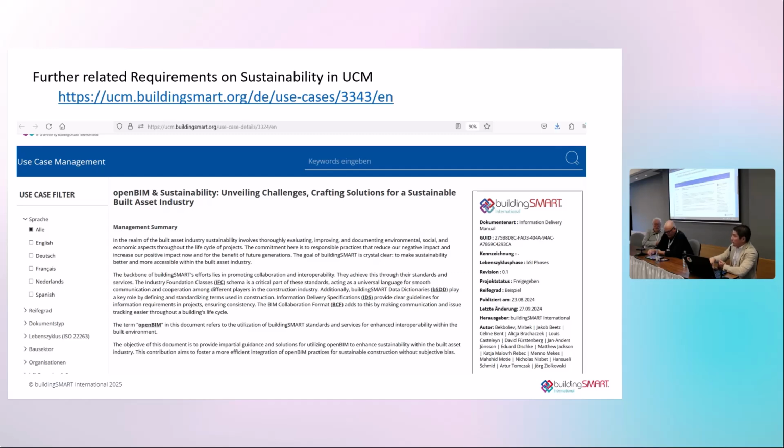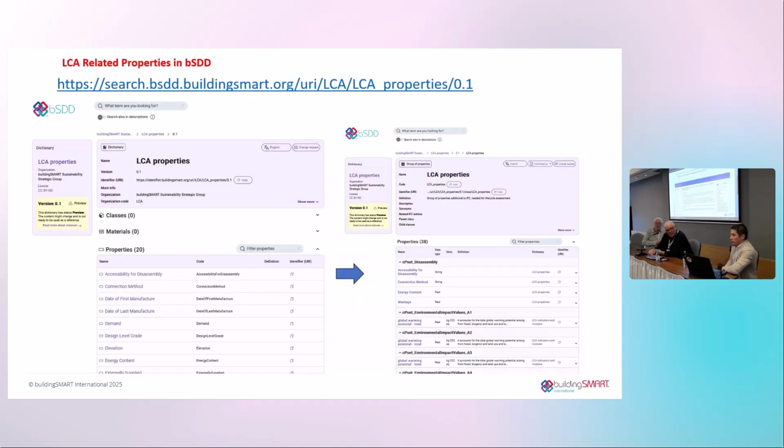So we checked that, and there are requirements that we got directly from our LCA expert, who wanted to have those properties. We went through those dictionaries, as you can see, dictionaries for LCA properties, and we simply mapped them with our components in Revit through the bSDD API.